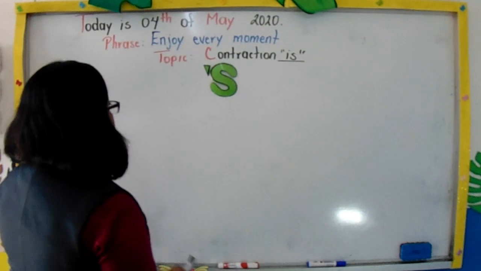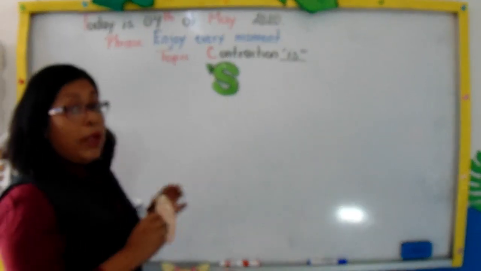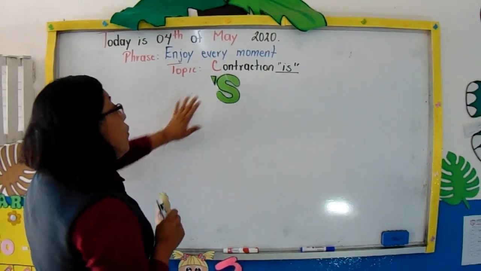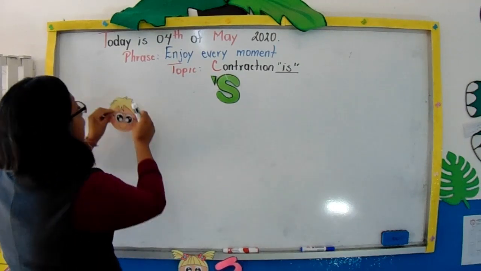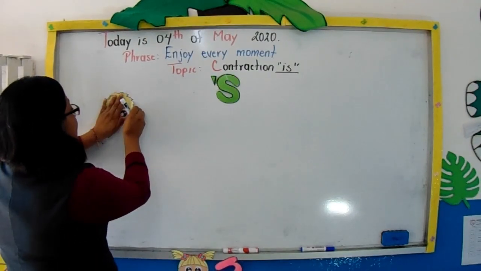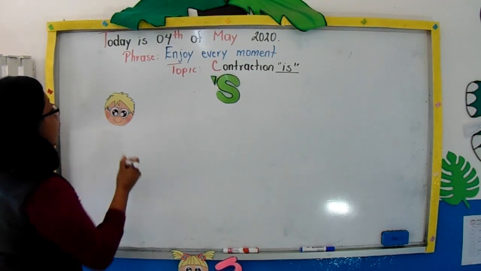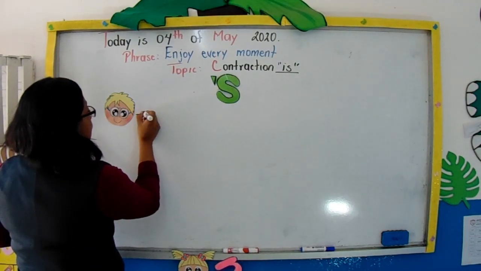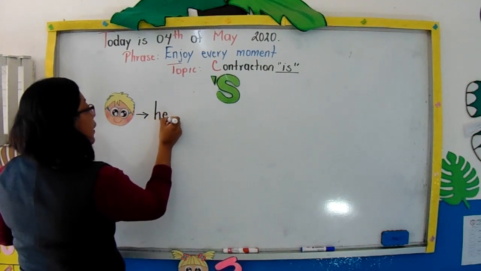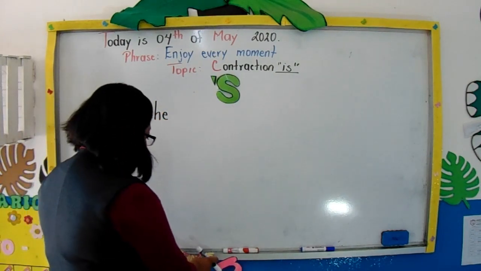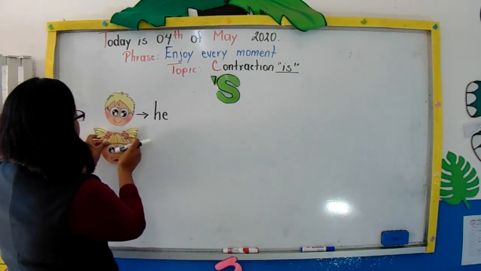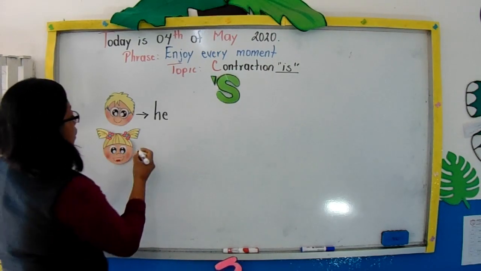So imagine we are gonna work with our book and we have to use apostrophe s. As usual, we are gonna start with person. If it is a boy, we have to use he, right? If it is a girl, we have to use she.